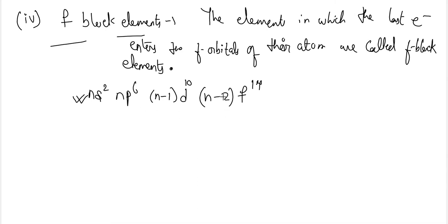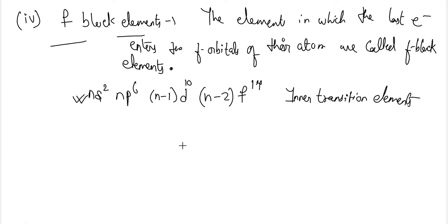So when the elements are filled up in the F block, it means that we are filling the third outermost shell. Due to this reason, these elements are also termed as inner transition elements.